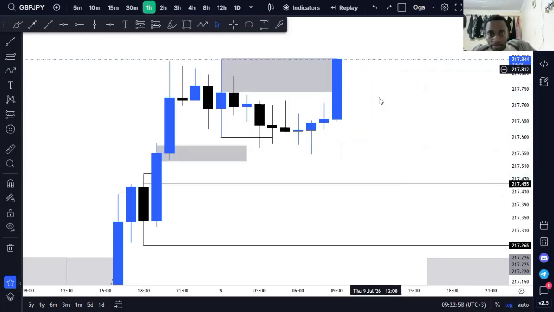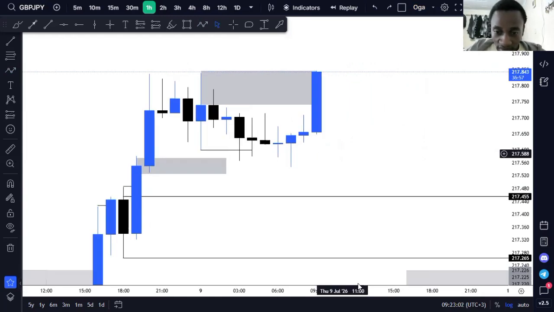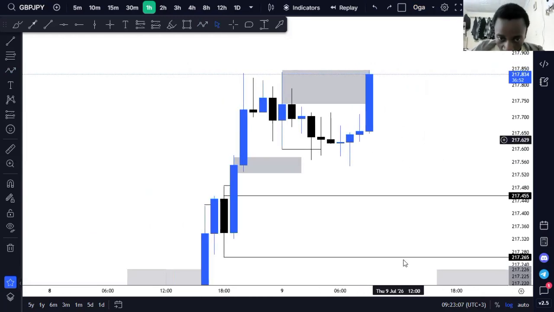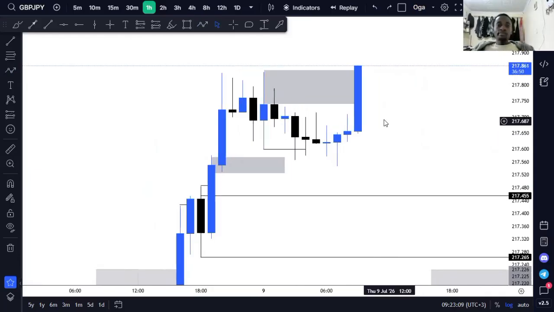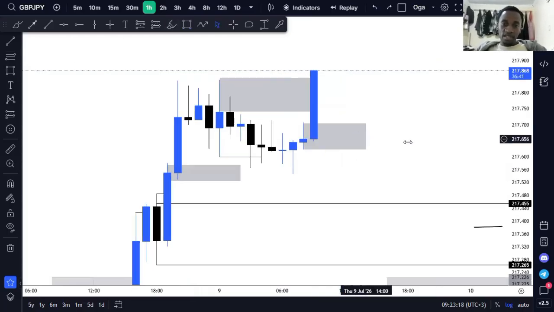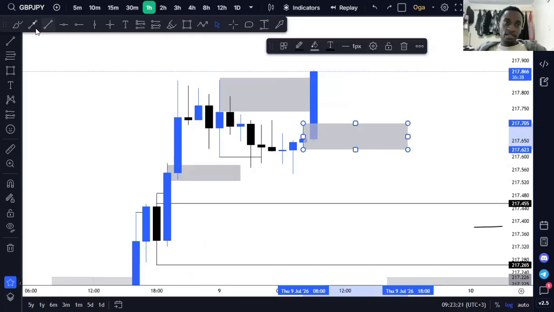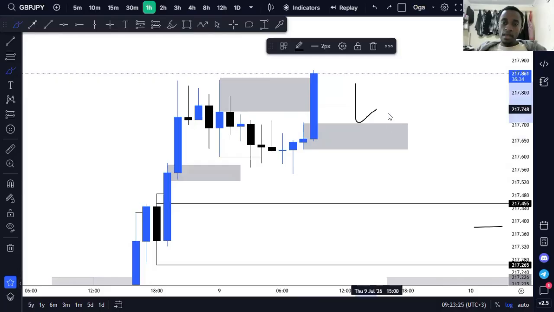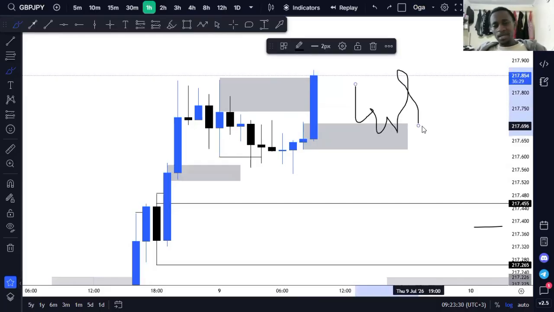Yeah, so let's see. You see, it has taken out the highs. I've just said it can do any of whatever I've explained. So it can even pull back to this area later. So if it pulls back to this area and gives us a bullish confirmation, I can wait for it on 1 hour.